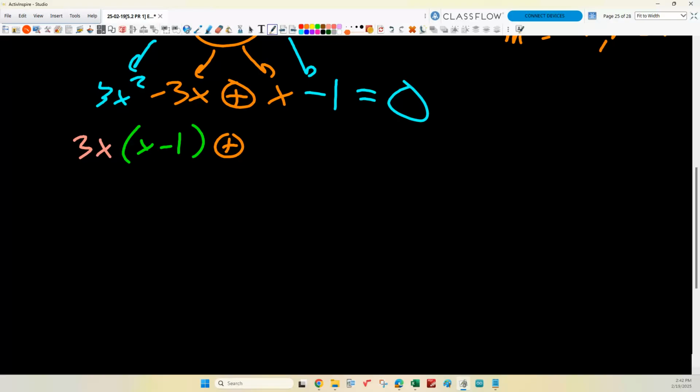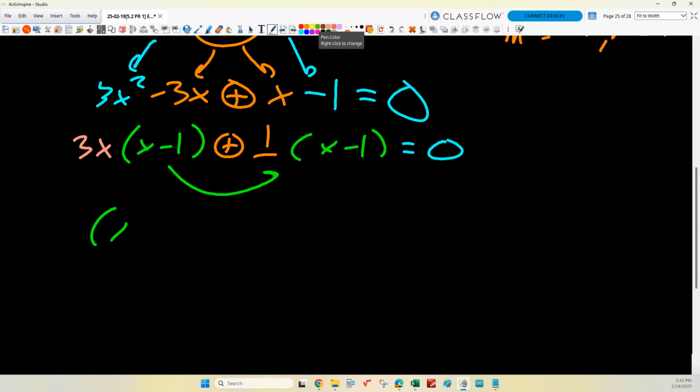So we just start with the binomial. You always start with the binomial because you know that has to be there. And then answer the question, what goes out front? 1. If we factor out our common binomial factor, what's left behind? There you go.